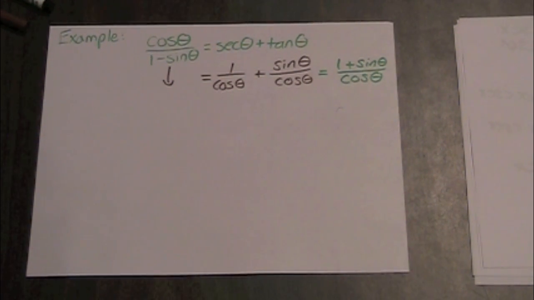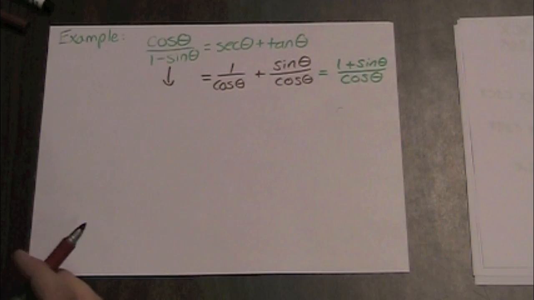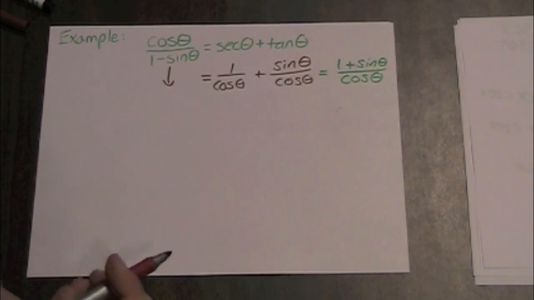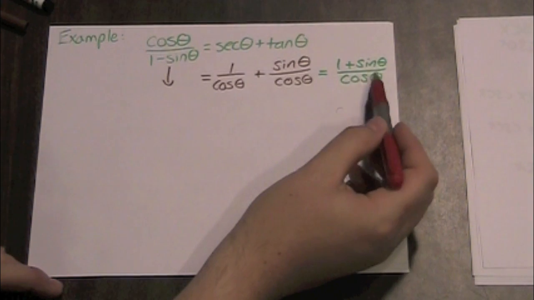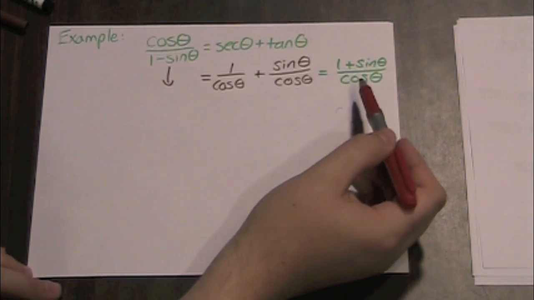Here's where a little intuition needs to come in. I can see that these two fractions look pretty similar. I have cosine theta over 1 minus sine theta, and I have 1 plus sine theta over cosine theta. It would be really nice if I could find a way to get this to 1 minus sine theta, or maybe even to get rid of the cosine.